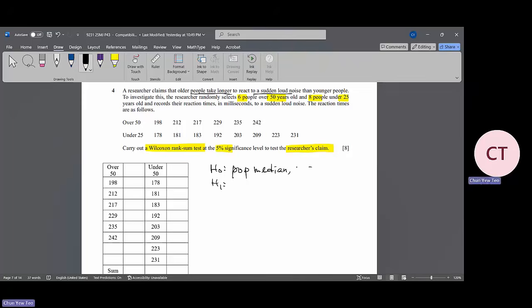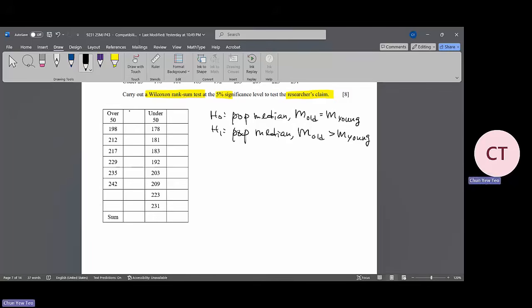That means the median of the older people is equal to the median of the young people. Okay, then versus the population median, following the researcher's claim, means the median for the older people will be greater than the median of the young people.